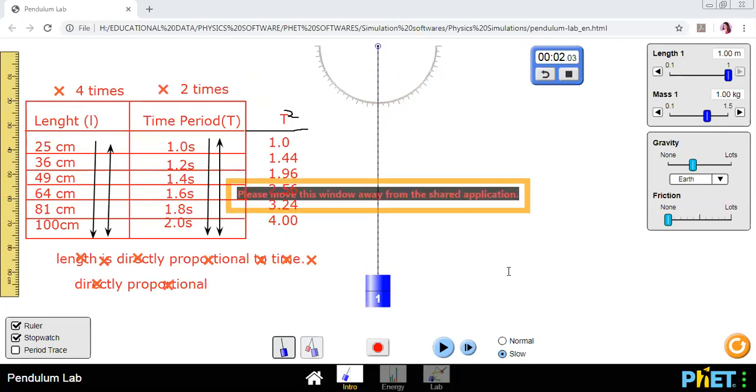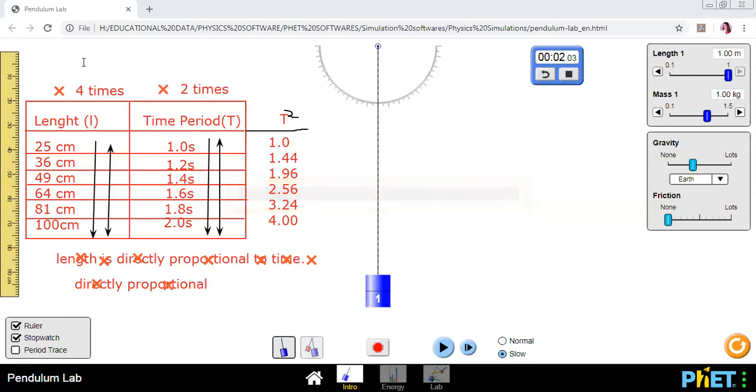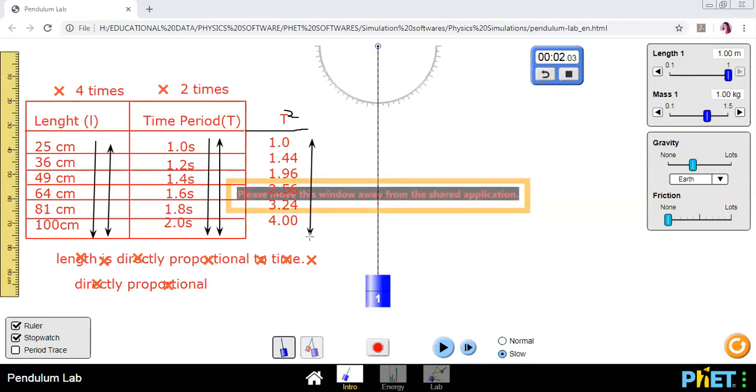Now look at this: your length is increasing by 4 times, and look at your t square. Has t square increased by 4 times? The initial value of t square is 1 and the final value is 4, so t square is increasing by 4 times.